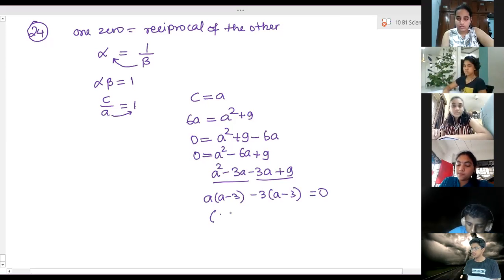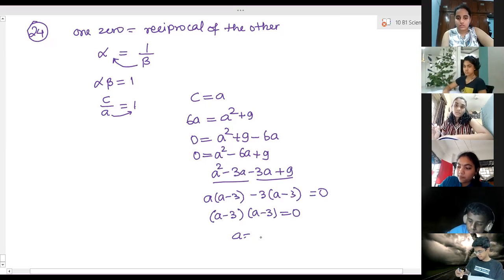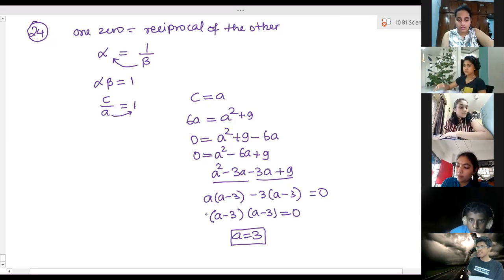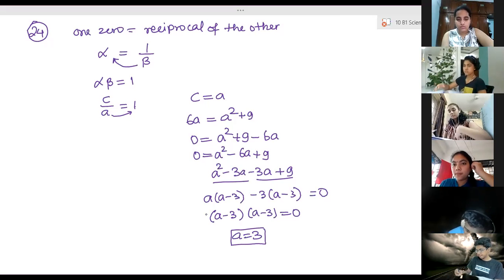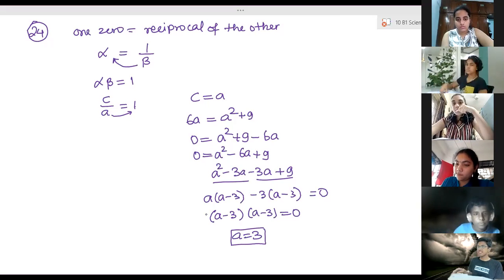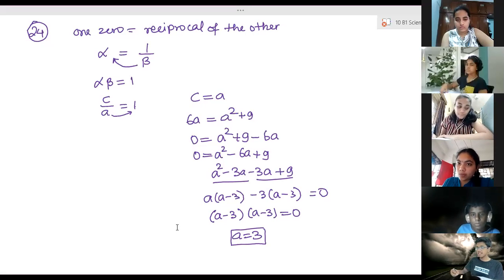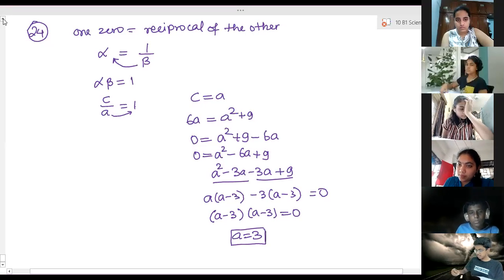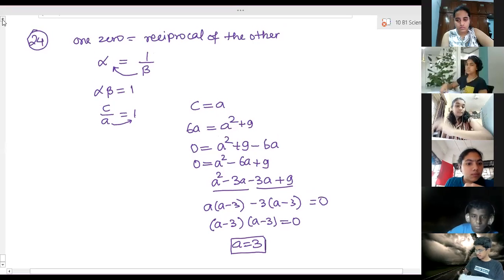So value of a will be 3. Is it clear, everyone? Yes, ma'am. So what is the relation they have given? You have to understand that.